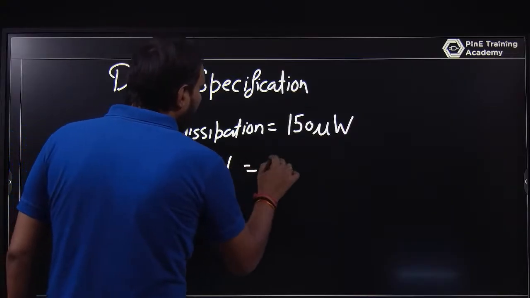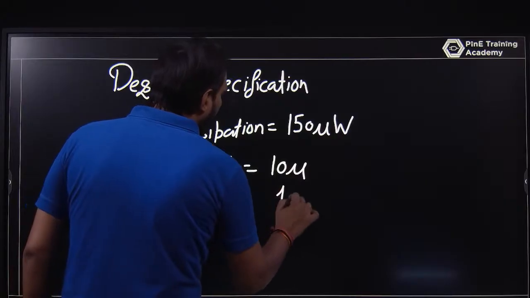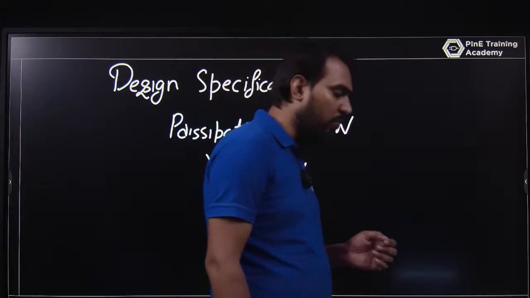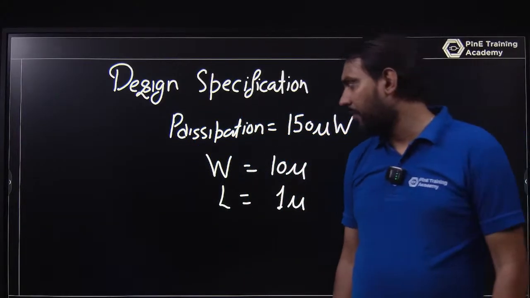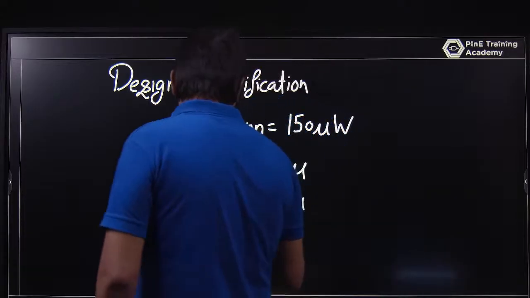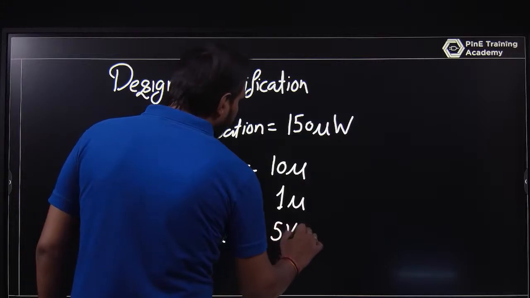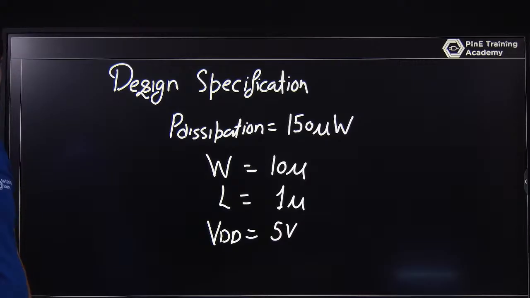The width will be 10 micro, the length is 1 micro, so that it has less second order effect or channel length modulation effect. If you have a higher length, of course it has less effect. And VDD is given as 5 volt. On the basis of that you will design the circuit.